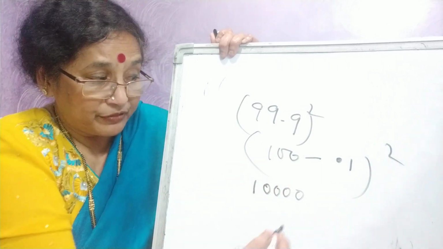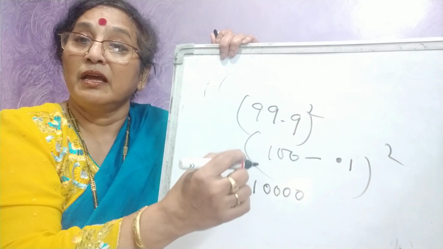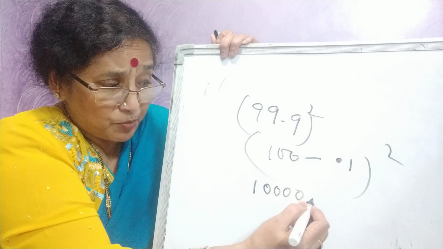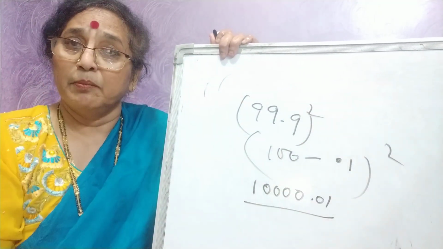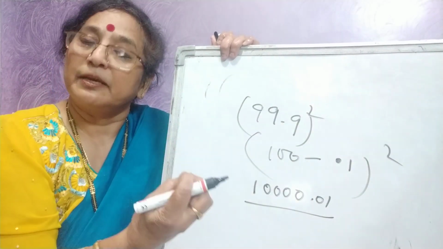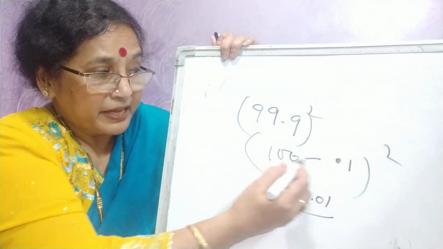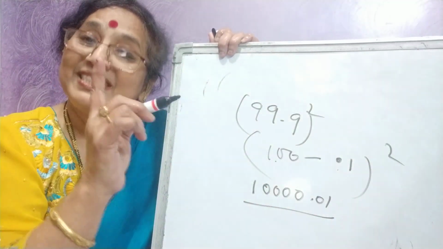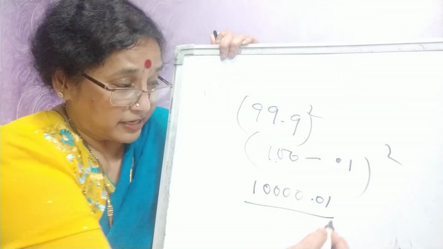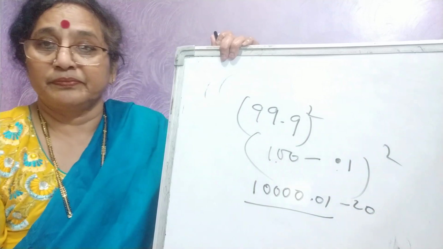So here you have this plus 0.1 square, so that's 0.01. You don't have to put plus, because a square plus b square, add it up immediately. Then multiplication, 0.1 is 1 by 10 and 1 by 10 of this number is 10. So twice, minus 10, minus 20.